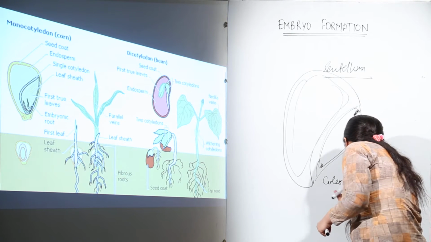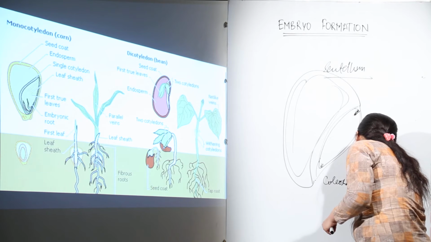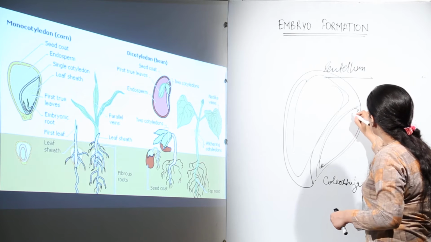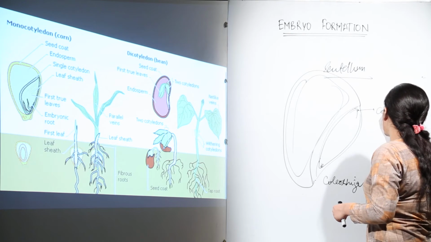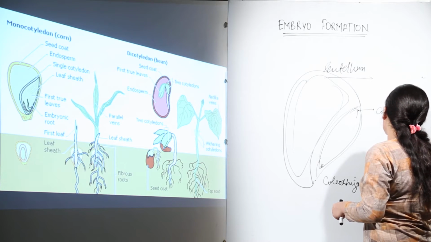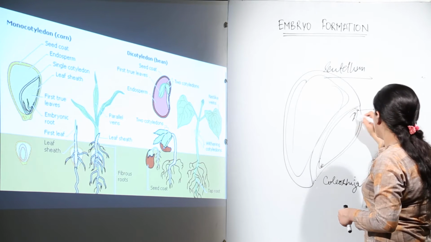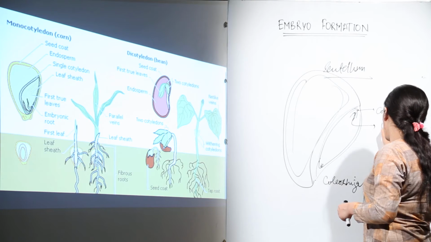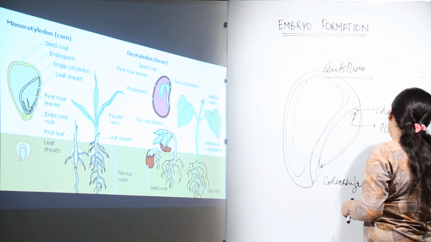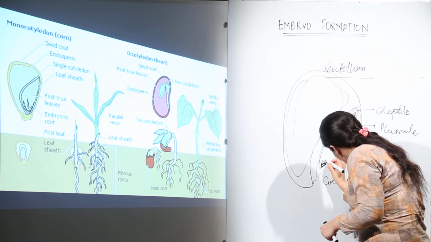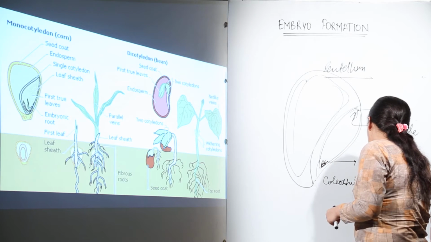I am sorry, the lower one, being the cover of the root, would be the coleorhiza. Over here we are going to find the coleoptile, a sheath that covers the shoot tip. This shoot tip is known as the plumule. The coleorhiza sheath covers the root tip, which is known as the radicle.